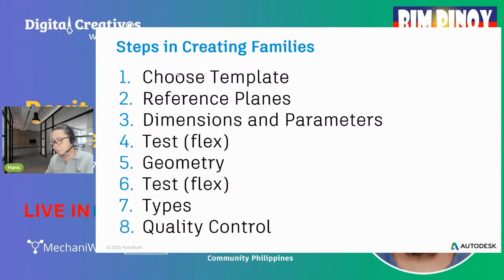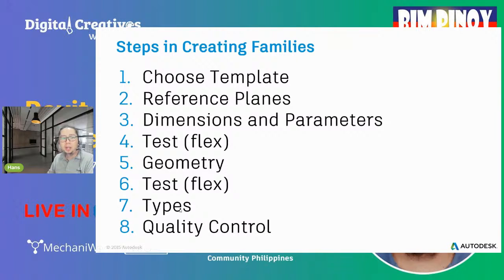I think if you have checked some of the tutorials, it will vary on some of it, but generally it will go like this: choose a family template, find which reference it will go, where it will be placed, put the dimensions and the parameters, then test, flex, geometry, which geometry is it, and then another test, and then the types.